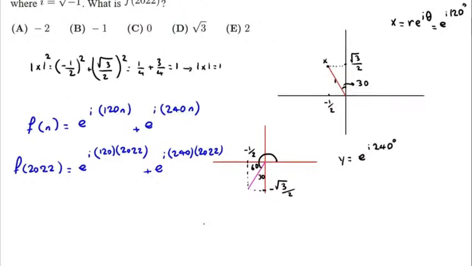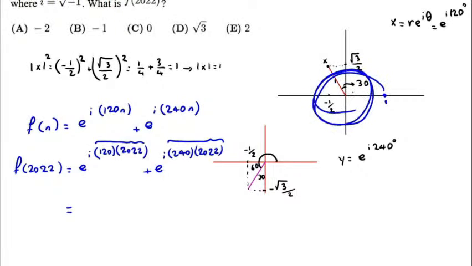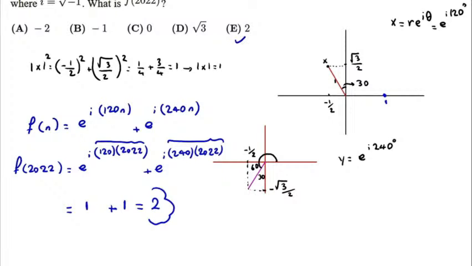Because 2022 is a multiple of 3, both these angles are multiples of 360, so they lie on the point 1, because it rotates and rotates. It will be 1 plus 1 equal to 2. So the answer is 2.